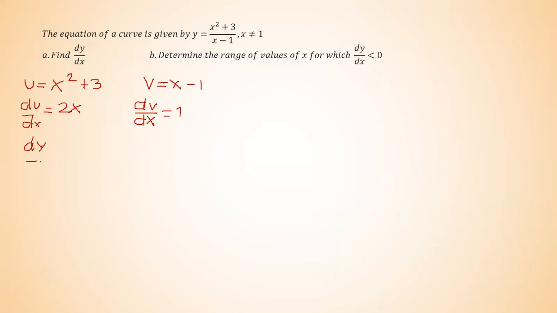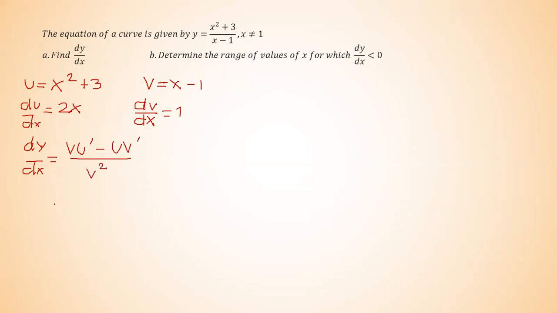So dy/dx, according to the formula, is v times the derivative of u minus u times the derivative of v, over v squared.